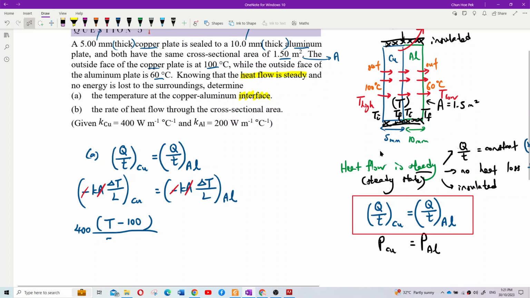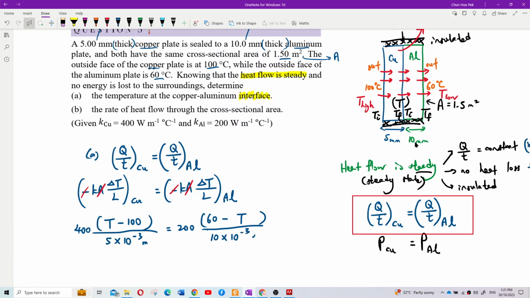Changing to SI unit, milli is negative 3, so 5 times 10 to the negative 3. And then aluminium is 200, multiplied with final 60 minus T, divided by L, which is 10 millimeter, 10 times 10 to the negative 3 meter. Okay, so that's it. So we can calculate the T.